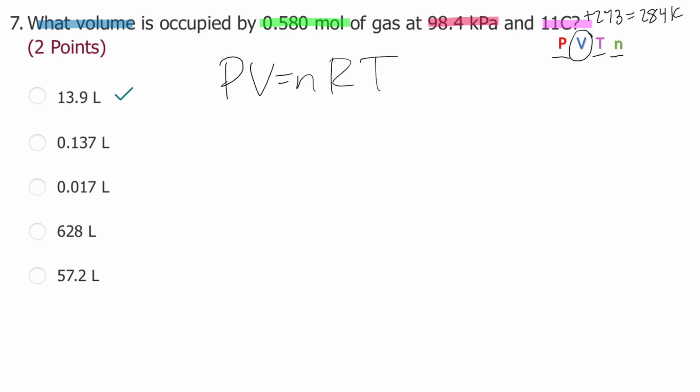Now, if we are solving for volume, we need to divide the pressure. So it's going to be nRT divided by P. Now our N is already given to us at 0.58 moles. Our R value depends on the pressure.